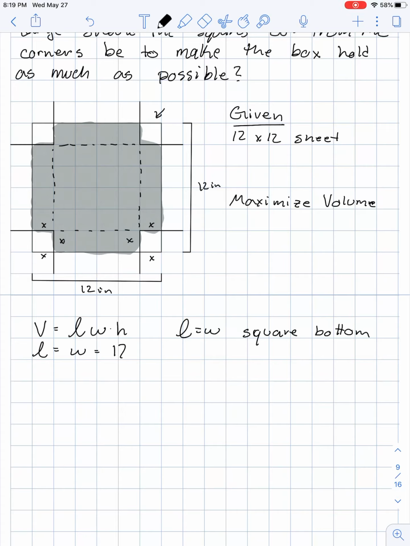So I'm going to have 12 inches, and then I'm going to cut one X square out and then another X square out. And that'll give me 12 minus 2X. And then my height is going to be X. If I fold this up, oh God, let's see if I can draw this.